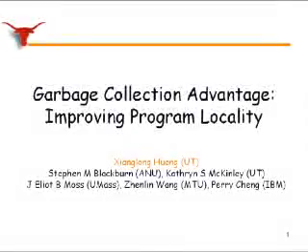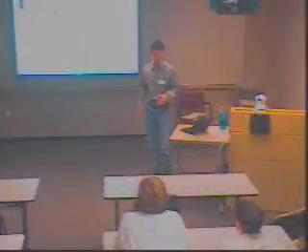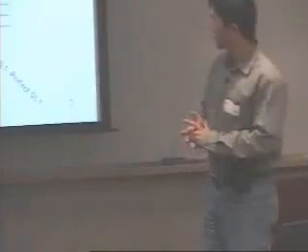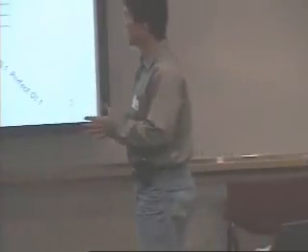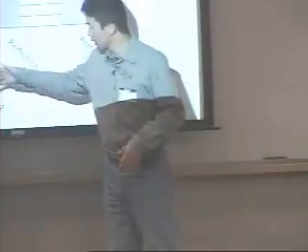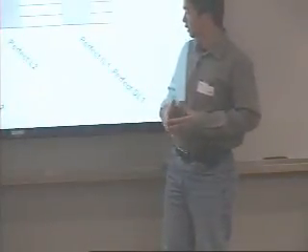And our goal is to improve OOR program locality. Here is just one example. For SpecJVM Java-C benchmarks, we run it on a simulator using 8K L1 data cache, 8K instruction L1, and 128K L2.